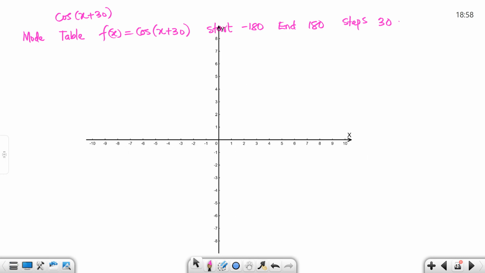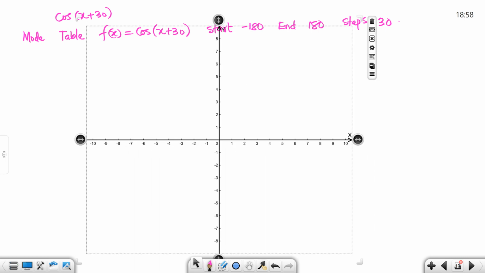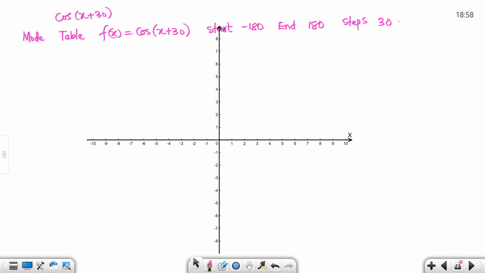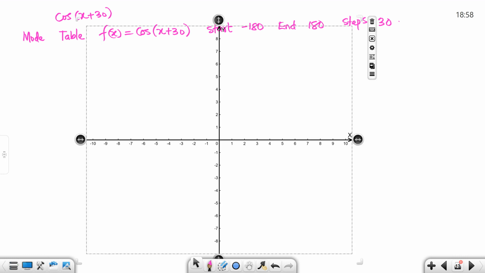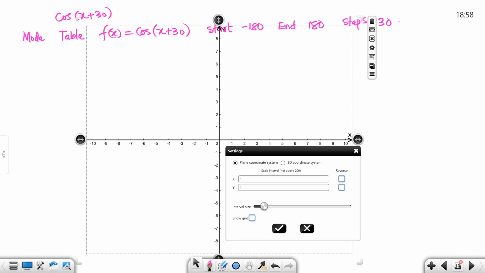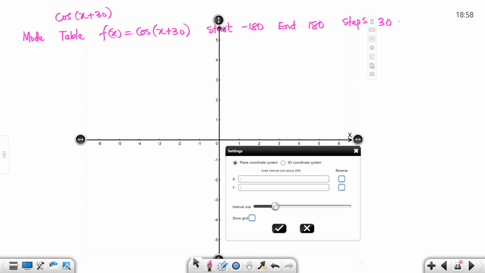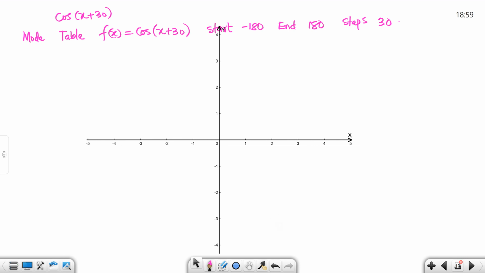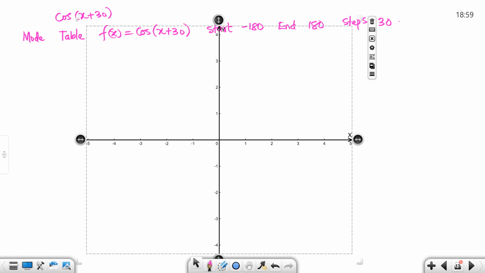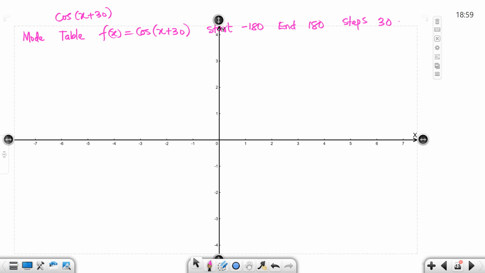So you all should have some values for me right now. Okay, so we said our step is 30, right?